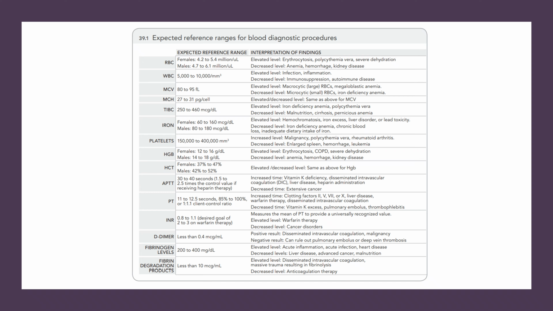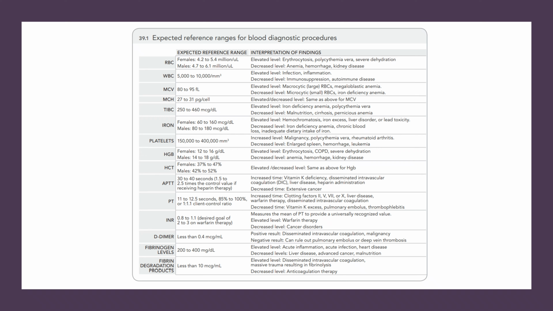Hematocrit, this means the percentage of red blood cells in your total blood volume. It gives us a quick idea of how thick or thin your blood is in terms of oxygen carrying cells. We have normal ranges for females 37 to 47%, males 42 to 52.